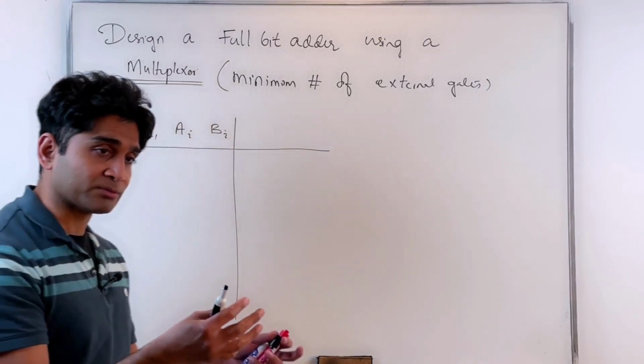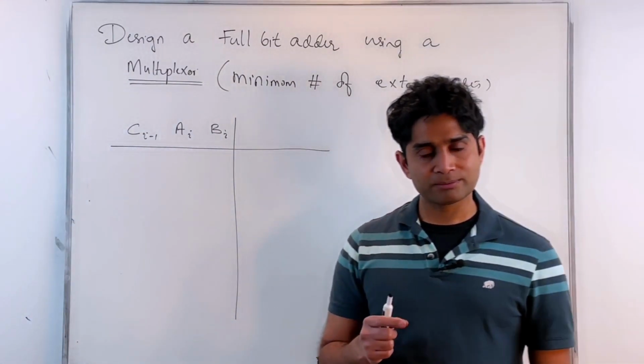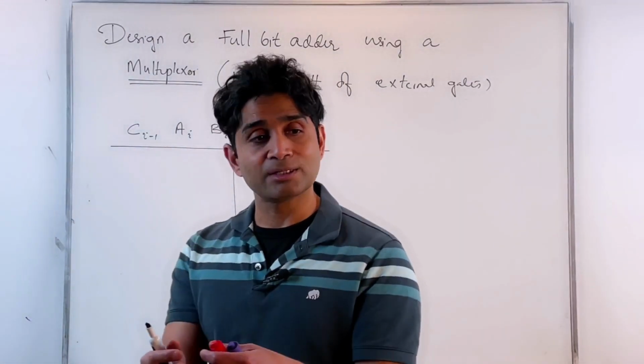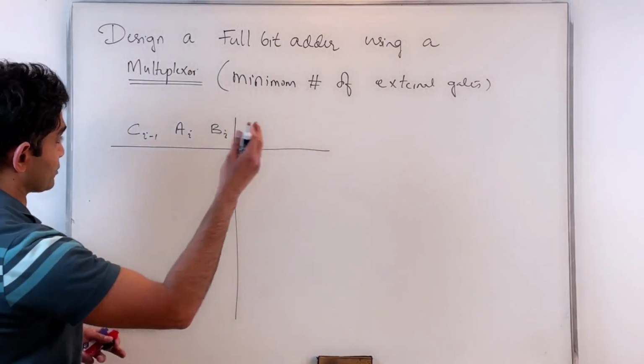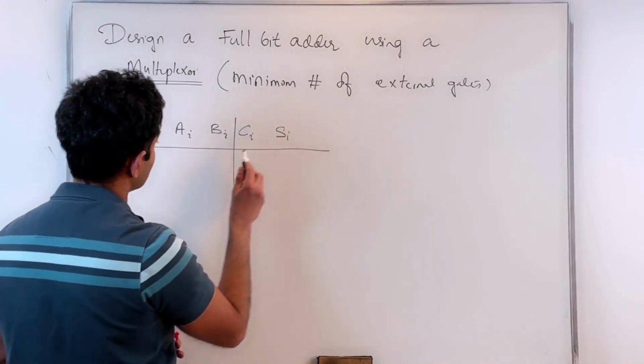Because I have two outputs, and a single multiplexer can only provide one output, I have to use two multiplexers to realize the entire circuit. So here I have Ci, Si.